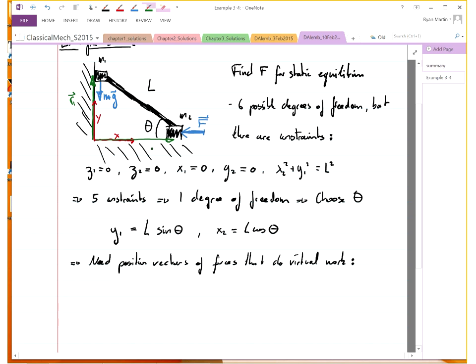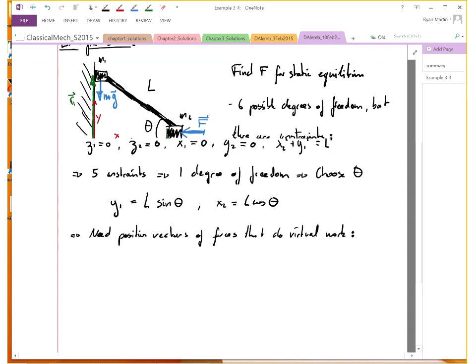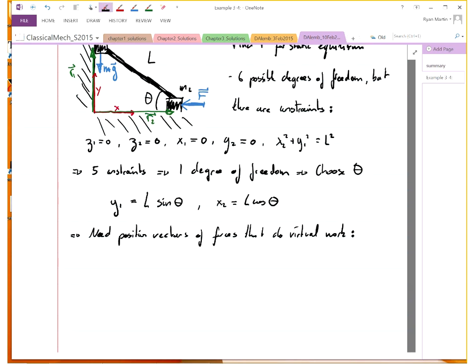That's not very obvious, R2 here. So I need to write down R1 and R2 in terms of our generalized coordinate. So the R1 vector, it's only in the y coordinate, and in fact it's just the y position of mass m1.